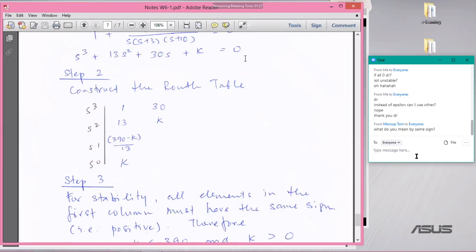And then all elements in the first column are going to be negative. As long as they have the same sign, meaning all negative or all positive, then the system is going to be stable. That's what I mean by same sign, negative sign or positive sign.